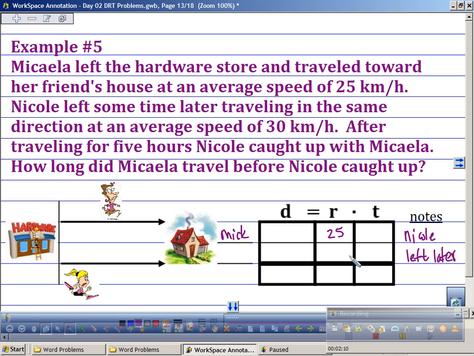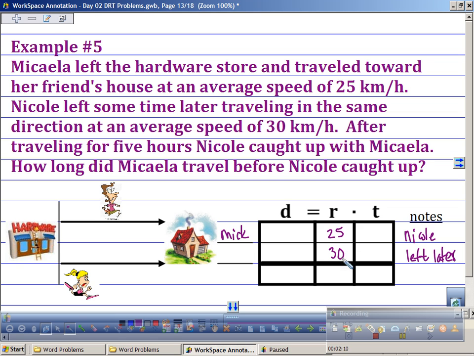It's not enough to put in my box, but it is of interest to me, correct? So Nicole left sometime later, traveling in the same direction. Same direction. Does that mean same distance or different distance? Same distance. Remember I told you all of these problems, it'll be the same distance. Look, aren't they going to the same place? Right? Okay, so Nicole left sometime later, traveling in the same direction at an average speed of 30.